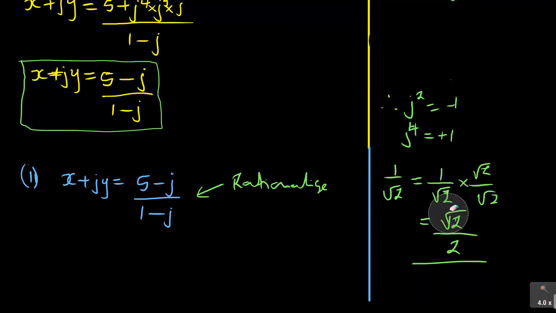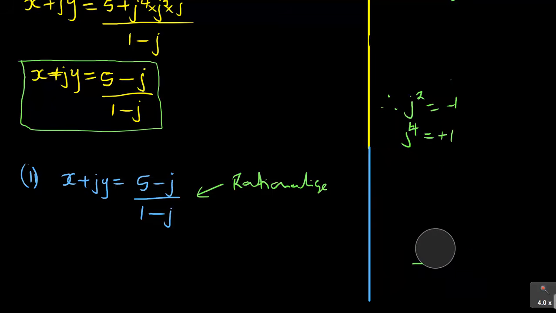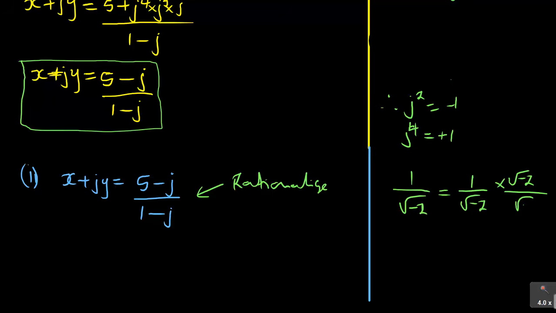What about if I give you now in a complex form, and I say you have got 1 over square root of minus 1, or minus 2 for argument's sake. So this will be equal to 1 over square root of minus 2. You multiply by square root of negative 2 over square root of negative 2.